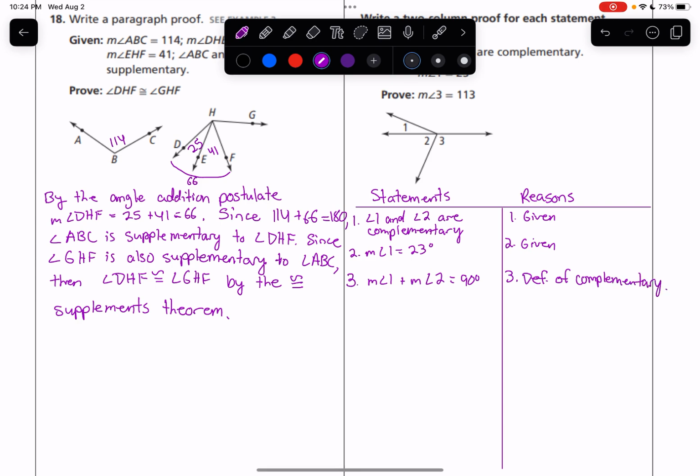Number 4 then, if I know the measure of angle 1 plus the measure of angle 2 is 90, but I know that the measure of angle 1 is 23, I can substitute in 23. I can say 23 plus the measure of angle 2 equals 90 degrees. So I know by substitution that that's true.